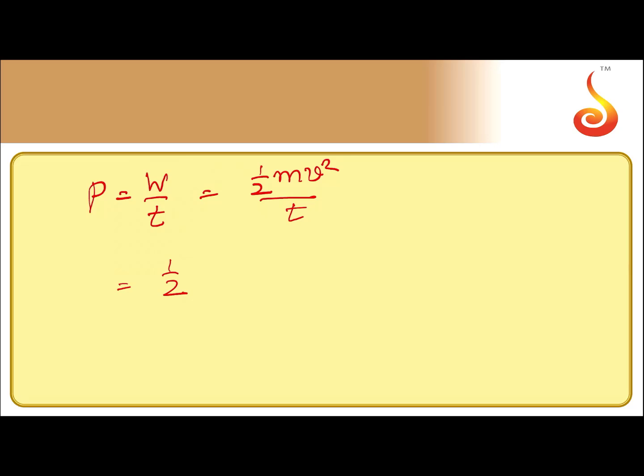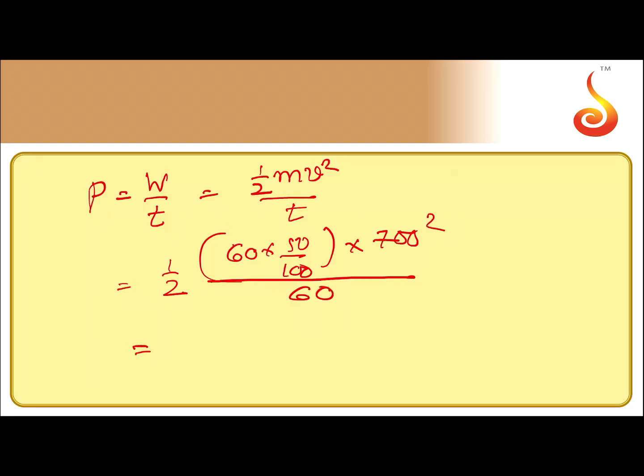So if you simplify this, it becomes 60 into 50 divided by 1000 into v square, that is 700 square, divided by 60 seconds, since it is per minute. So it becomes half into 60 into 50 by 1000 into 700 square divided by 60. You can simplify it further, these two cancel, and we are left with 1 by 40, 700 square, and it becomes 12,250 watt.